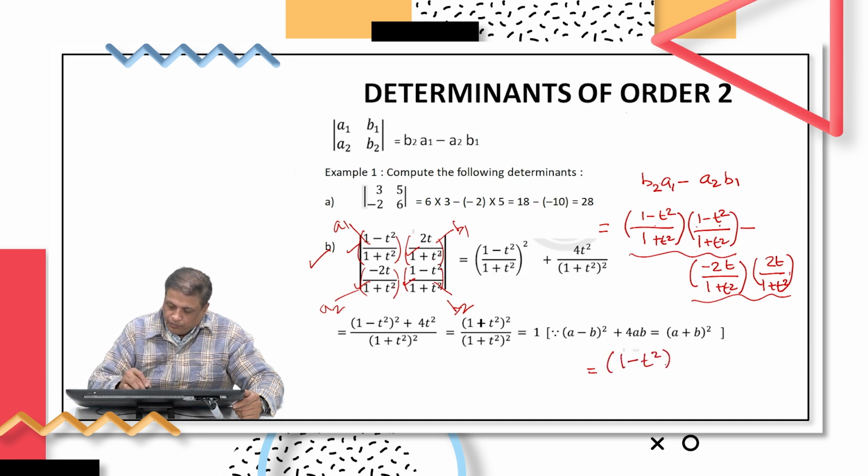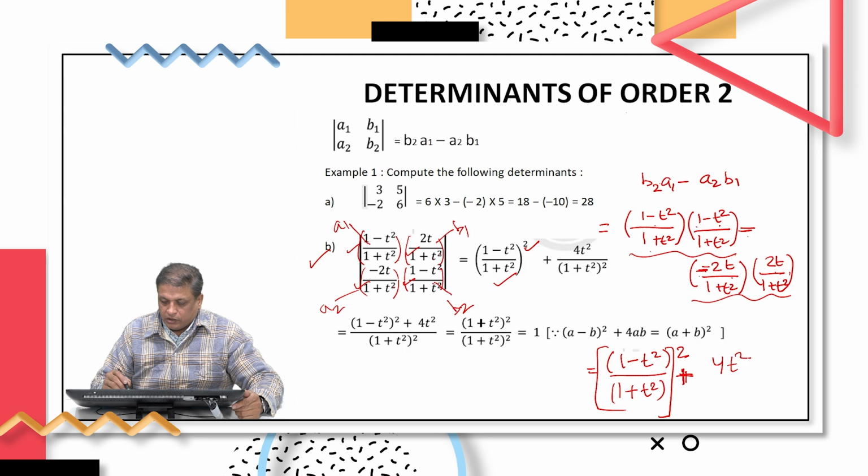This is the first term: 1 minus t square whole square upon 1 plus t square whole square, plus. Now minus is outside over here and minus is here, so minus into minus is plus, that's why the sign is plus. Now 2t into 2t is 4t square upon 1 plus t square into 1 plus t square, so this should be 1 plus t square whole square.